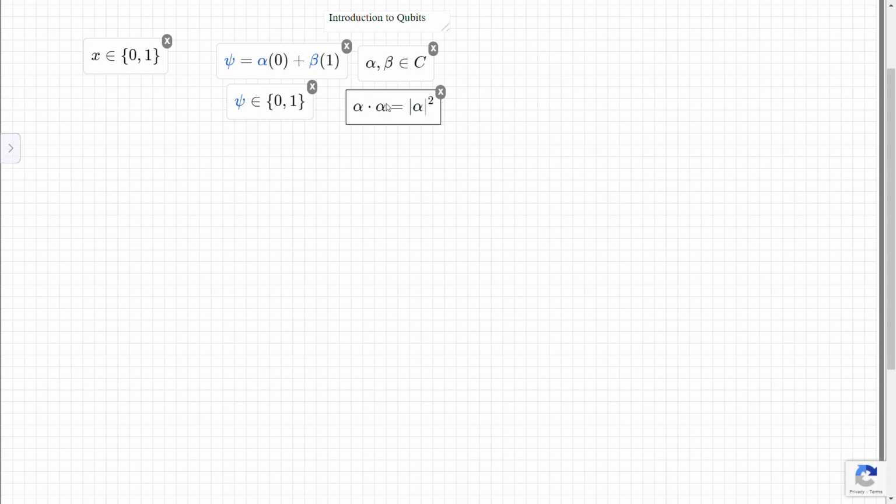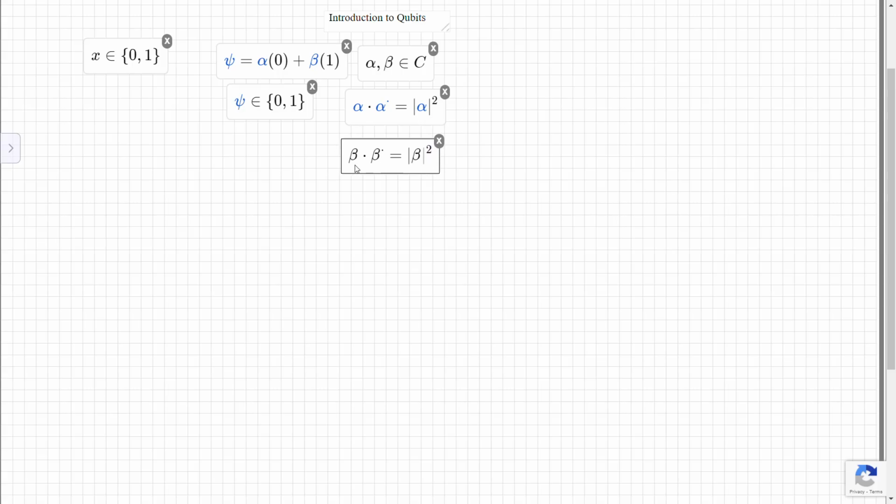I just forgot to mark it as conjugate, so let me do that, just to represent that it's a conjugate variable. The similar thing is also true for beta. If you multiply beta with the conjugate of beta, you're going to get beta squared.